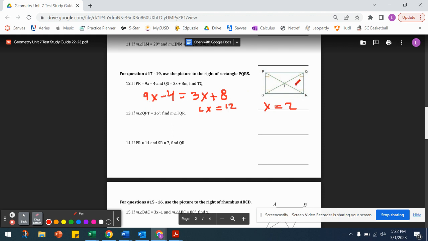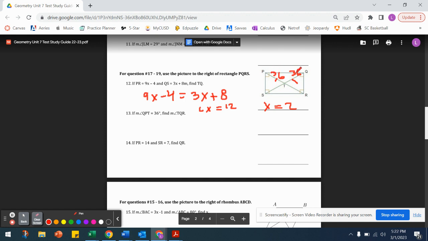Next one says angle QPT. This angle right here is 36, and it wants to know what angle TQR is. You have to know that these are going to add up to 90. Remember, this is an isosceles triangle, and because these two angles are congruent, the base angles are always the same.